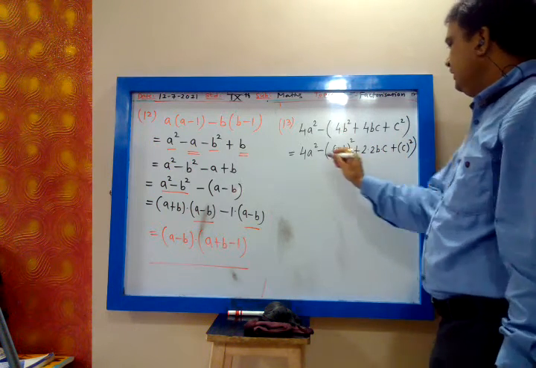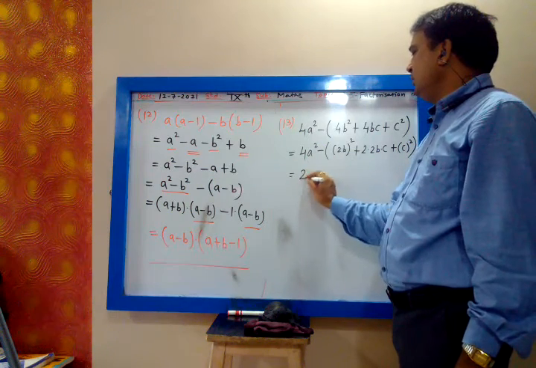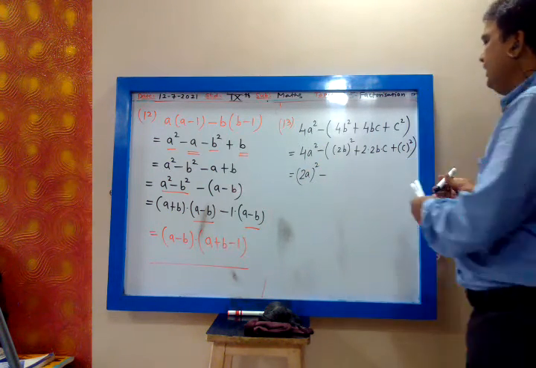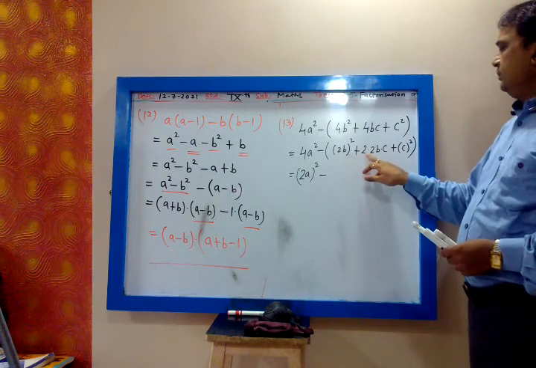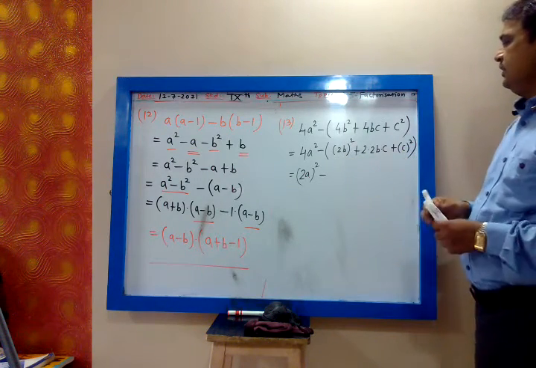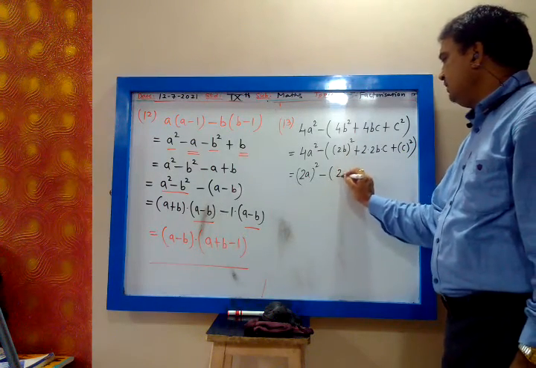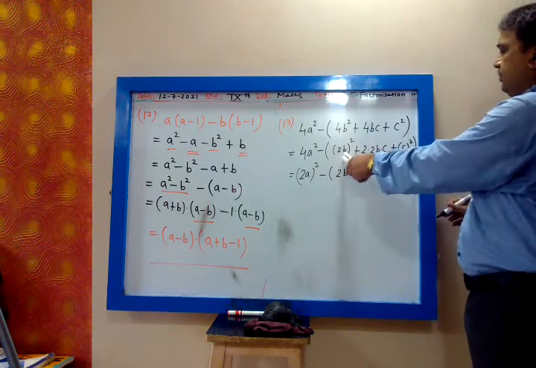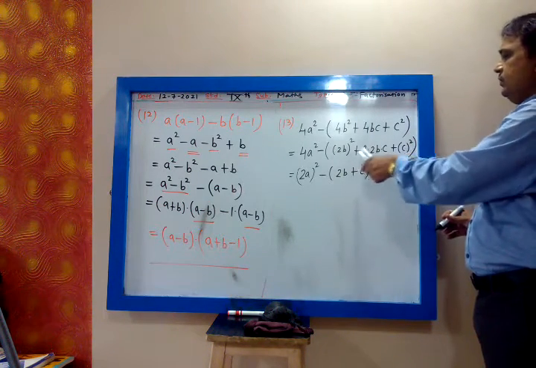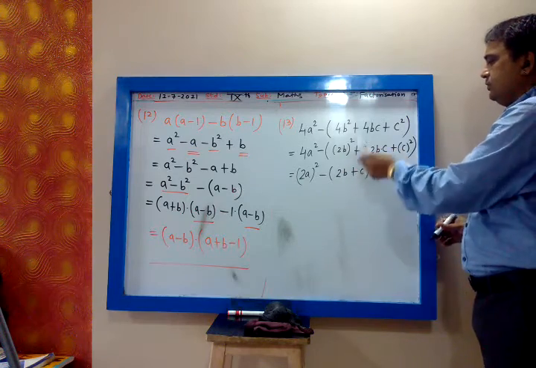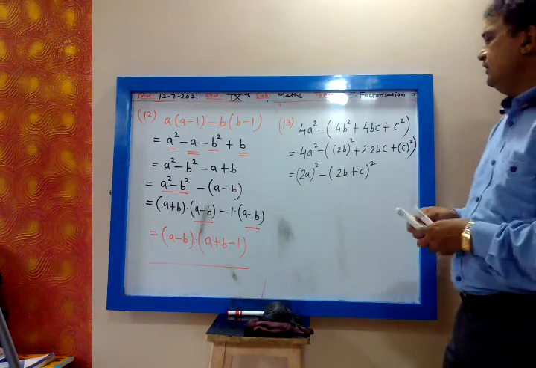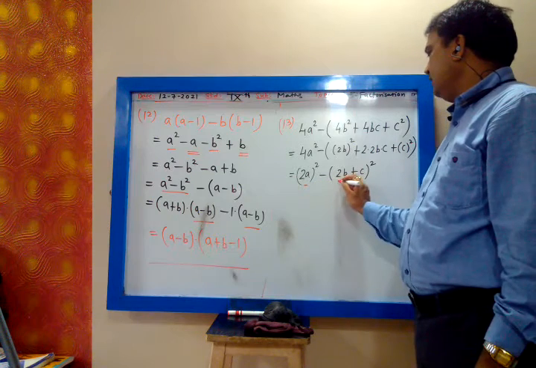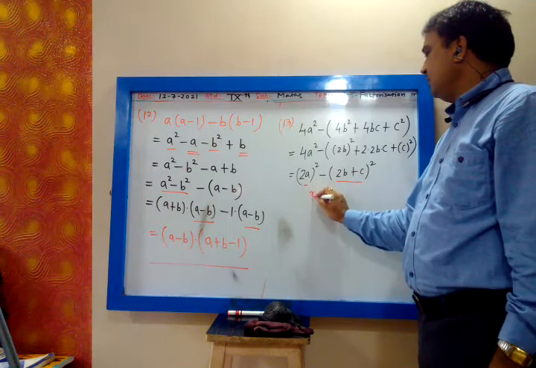Then 4a square I will write as 2a whole square, minus this bracket I can write as a square plus 2ab plus b square. Yes or no? A square plus 2ab plus b square will be a plus b whole square. Now again it is square, so we use the x square minus y square formula.